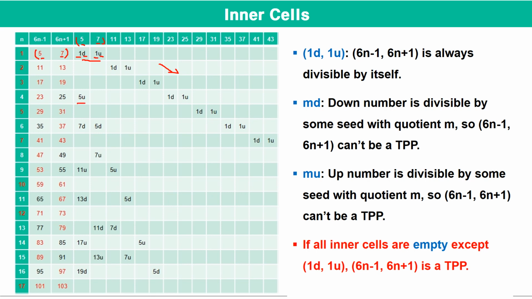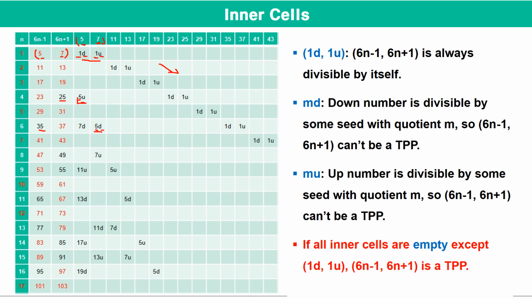Here 5U means 5 divides up number 25 with quotient 5, and here 5D means 7 divides down number 35 with quotient 5.